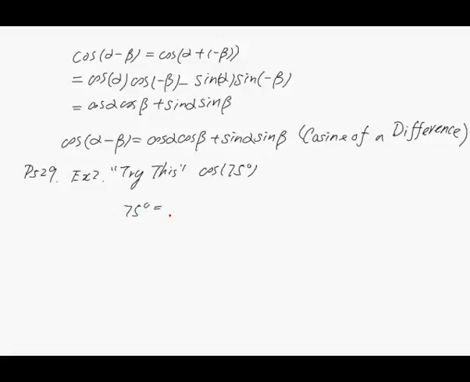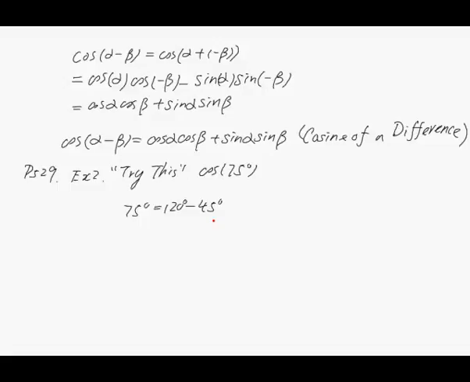75 can be written as something minus something, which is the first 120 and then the second 45. Yeah, it's okay. Let's double check. Yeah, so 120 degrees minus 45 degrees is equal to 75 degrees.